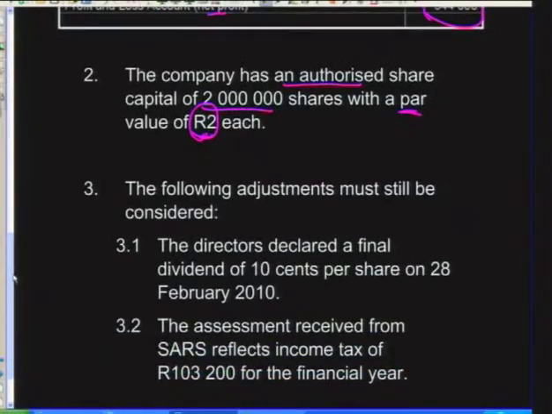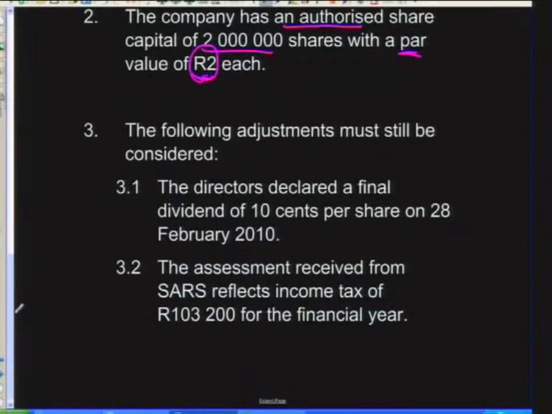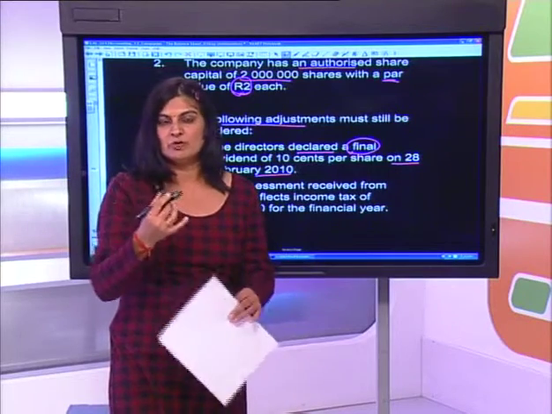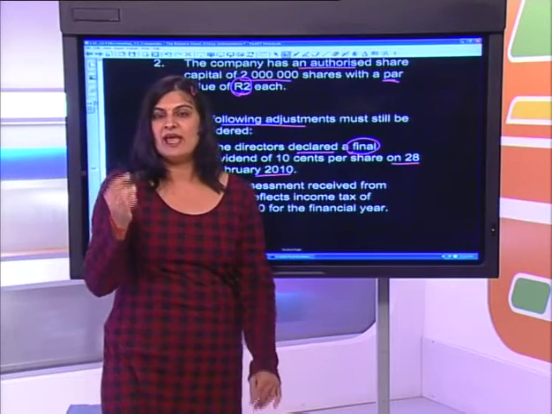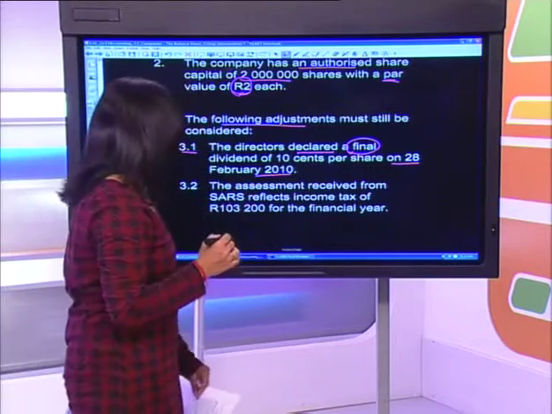Let's now look at information number 3. The following adjustments still must be considered. The first adjustment that we've got: the directors declared a final dividend of 10 cents per share on the 28th of Feb 2010. Okay, now remember, we're doing an appropriation account and we need ordinary share dividends.